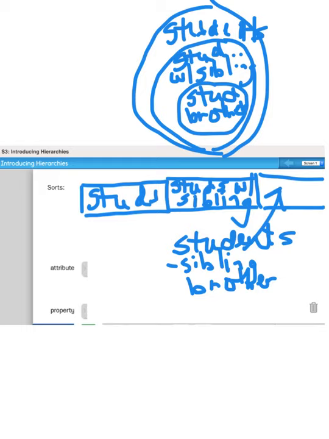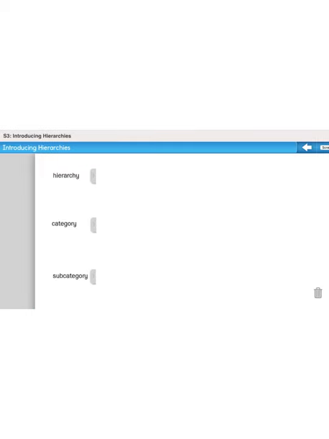The other way we could do it is to create a hierarchy. In a hierarchy, we are going to demonstrate our relationships like this. The most general group goes at the top of the hierarchy, and the groups get more specific as you move down. So which group should go at the top?